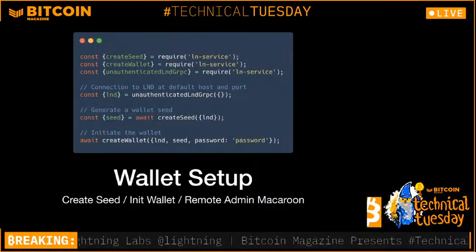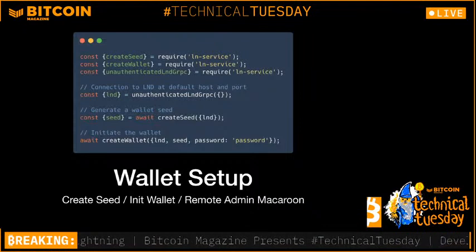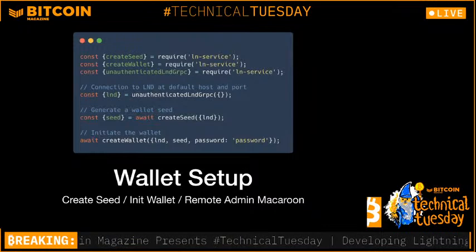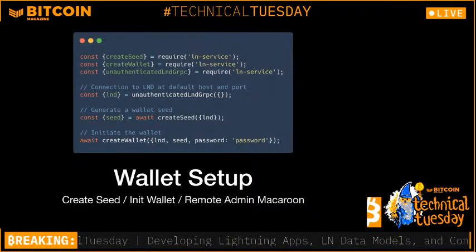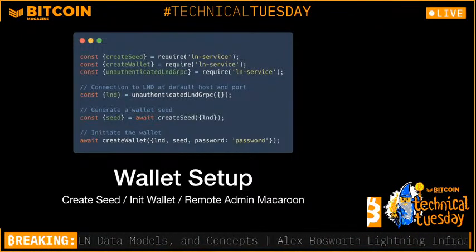In order to create a new wallet, you need to generate a mnemonic seed for the wallet, which is something that you're probably familiar with if you're coming from Bitcoin or anything that's seed based. LND has an API to create the seed. You can look at this code as if it's pseudocode, but I also have a library that I use with Node.js called ln-service, and you'll see that at the top, the required ln-service.